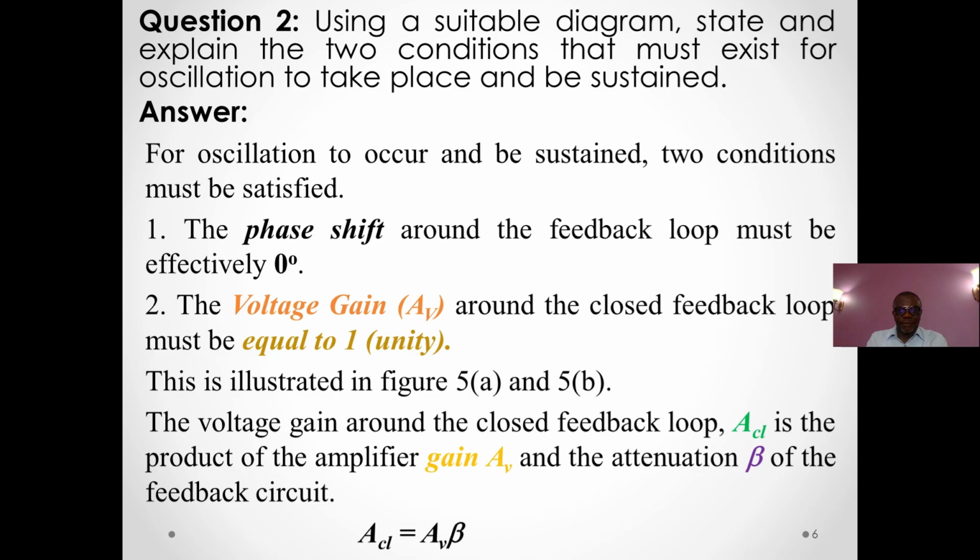Then, mathematically, we can say A closed loop is equal to AV, the amplifier gain, multiplied by the attenuation, beta. Attenuation is the opposite of amplification, because attenuation is supposed to reduce the signal strength, or signal amplitude. So it is being attenuated.